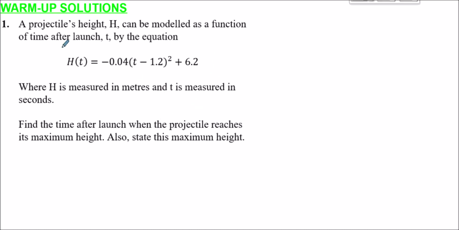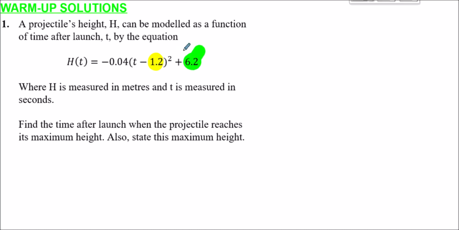Looking at this and not thinking about it too much might seem intimidating, but what we need to do is remember that this is a quadratic in completed square form. And once we know this, we need to remember what the constant inside the brackets tells us and the constant at the end. In particular, what does 1.2 and 6.2 tell us?